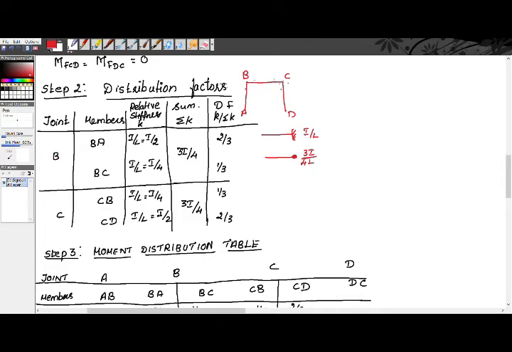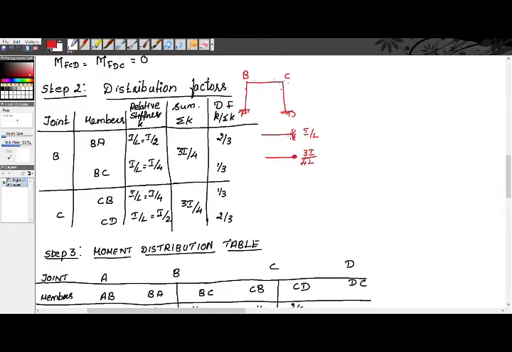So for BA, A is a fixed support, so relative stiffness is I by L. Here I is I and L is 2. Now for the span BC, C is an intermediate support. Intermediate supports are assumed to be fixed supports because they will carry the moments.